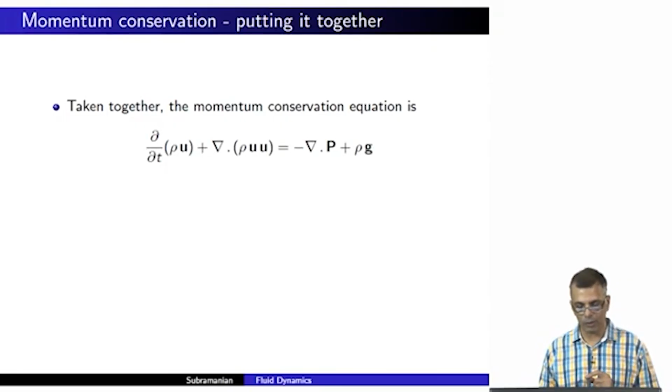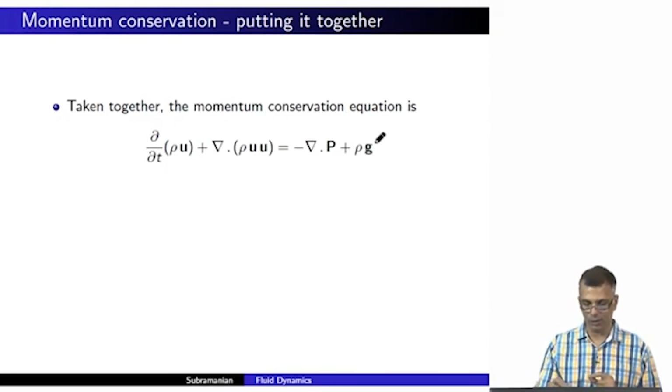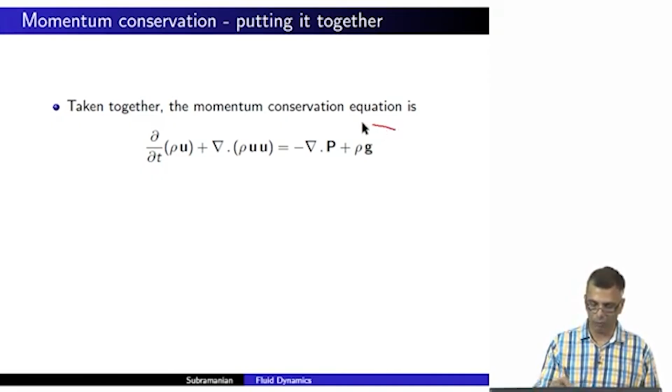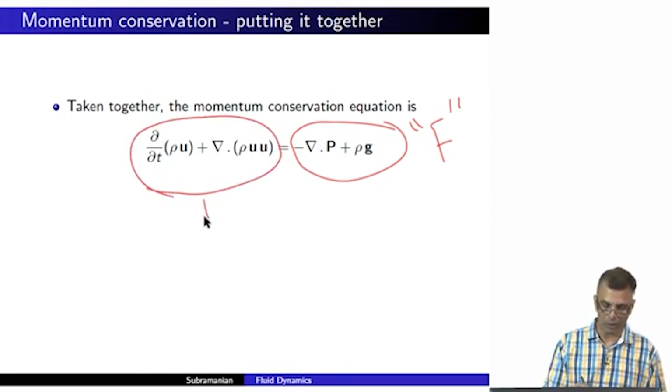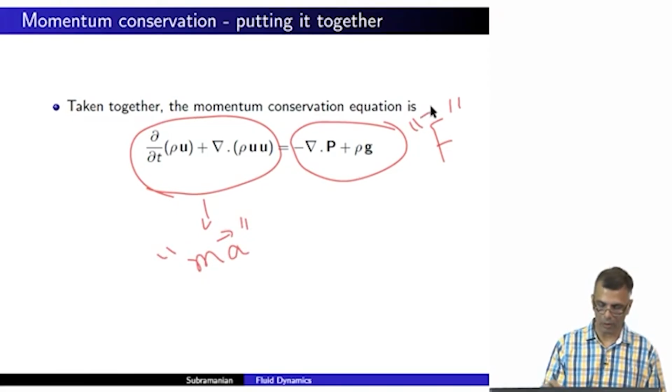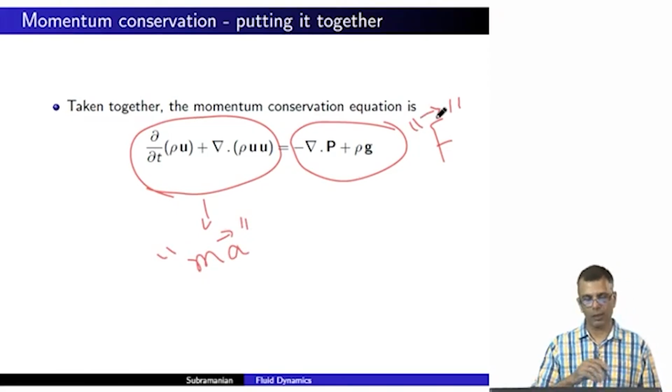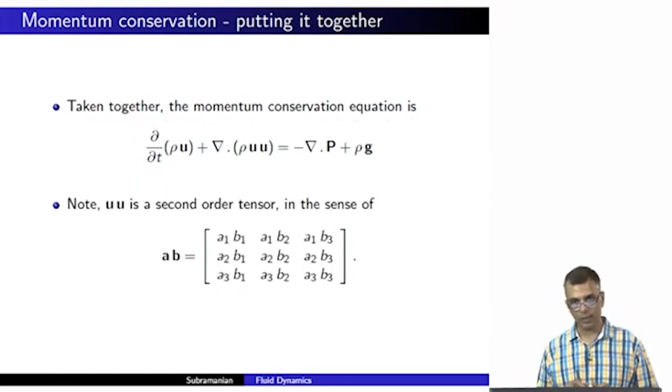Taken together, the momentum conservation equation is this. So, this would be the F and this would be the Ma. Okay.